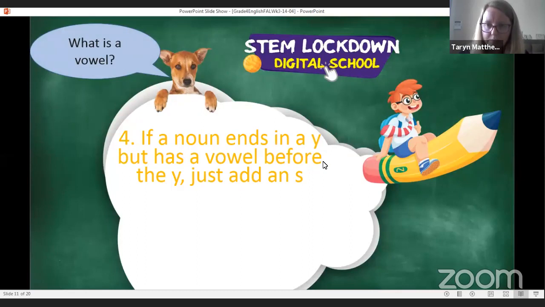Who can help us? What are those 5 special letters that make vowels? Who knows what they are? Good, I see some people typing the answers.